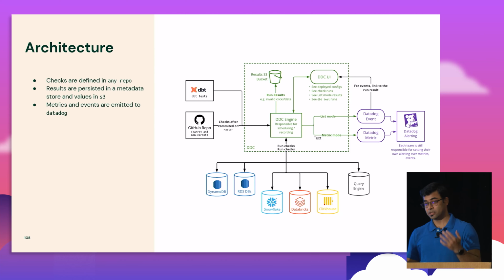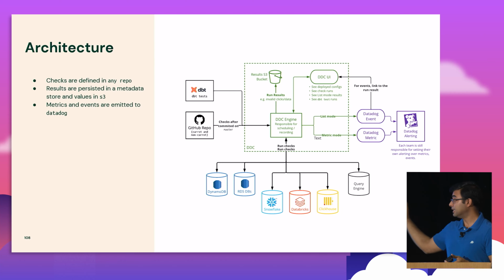And then, the place where we get the check from: we integrate it with our GitHub system. It could technically be any version control, so it could be Bitbucket, GitLab, or any other system that different people use. A check is stored there in version control, just like any source code file. The DDC engine reads any change in certain directories where we look for the checks.